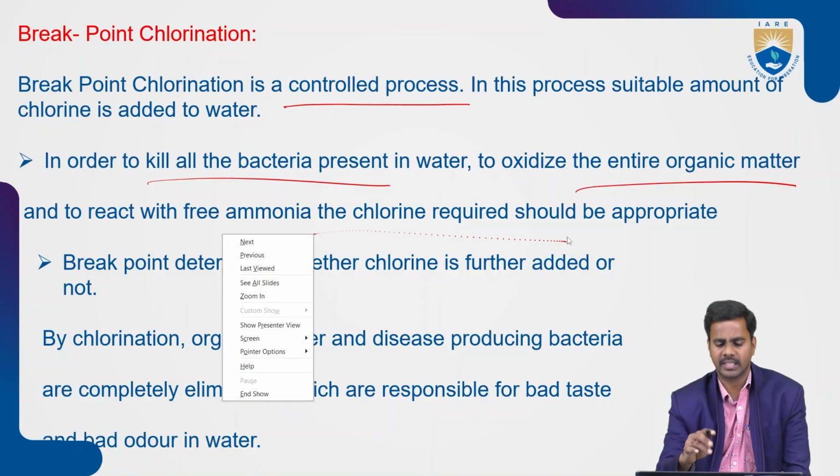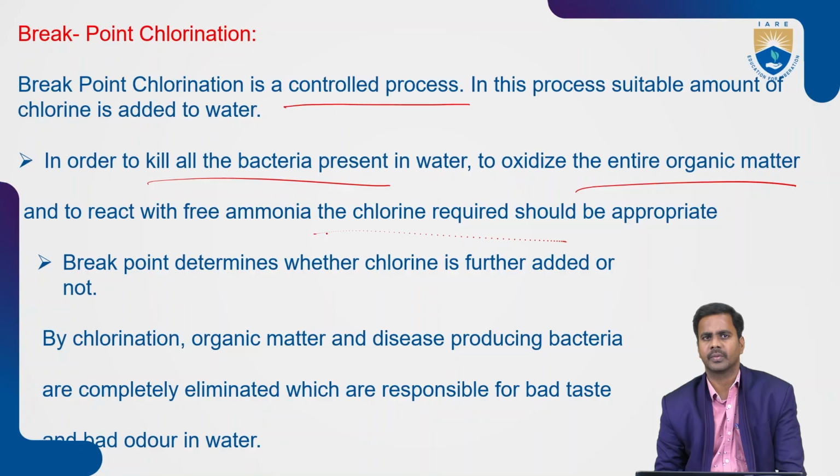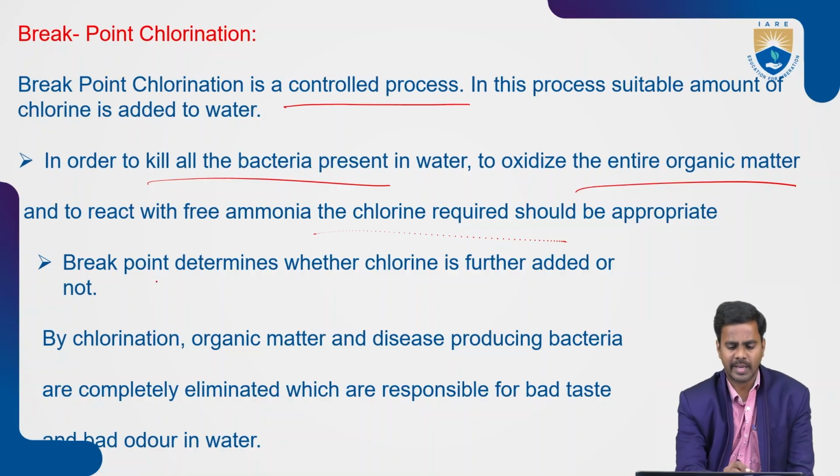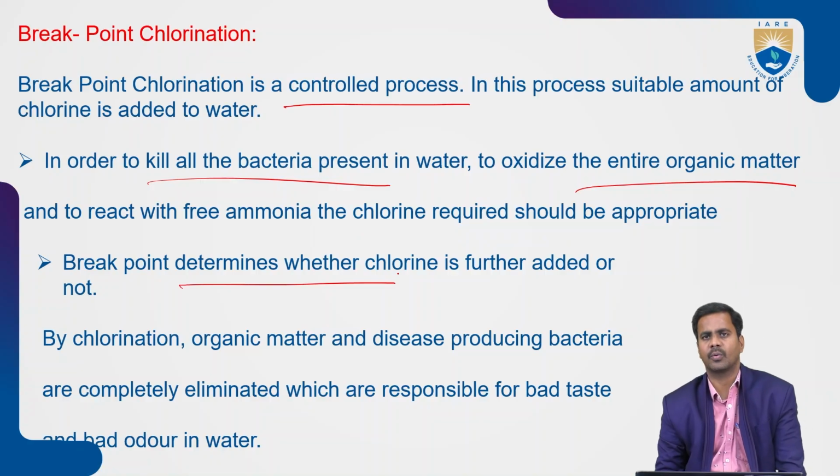The chlorine dose should be appropriate. So the breakpoint determines whether chlorine should be added further or not. It indicates whether we have to add more chlorine to the water or not.